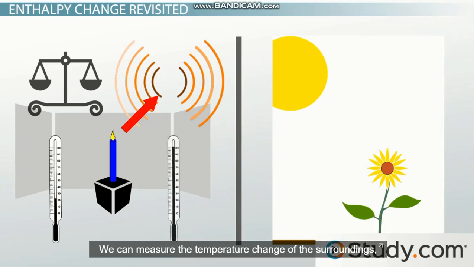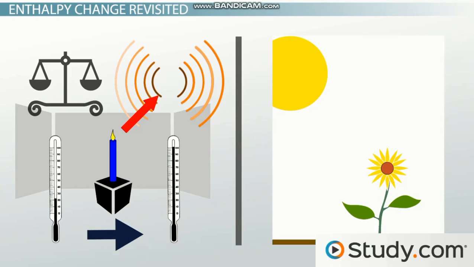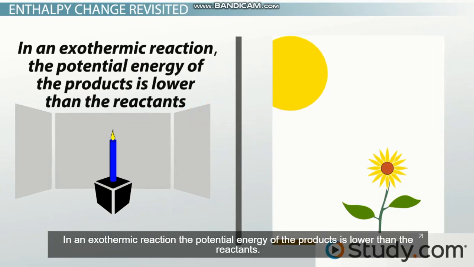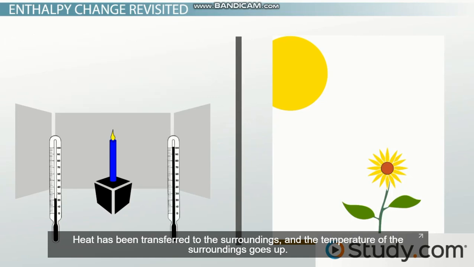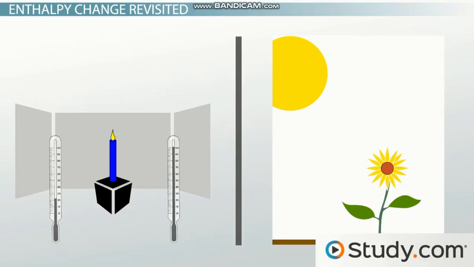We can measure the temperature change of the surroundings, and we can directly relate this to the enthalpy change of a system. In an exothermic reaction, the potential energy of the products is lower than the reactants. Heat has been transferred to the surroundings, and the temperature of the surroundings goes up.